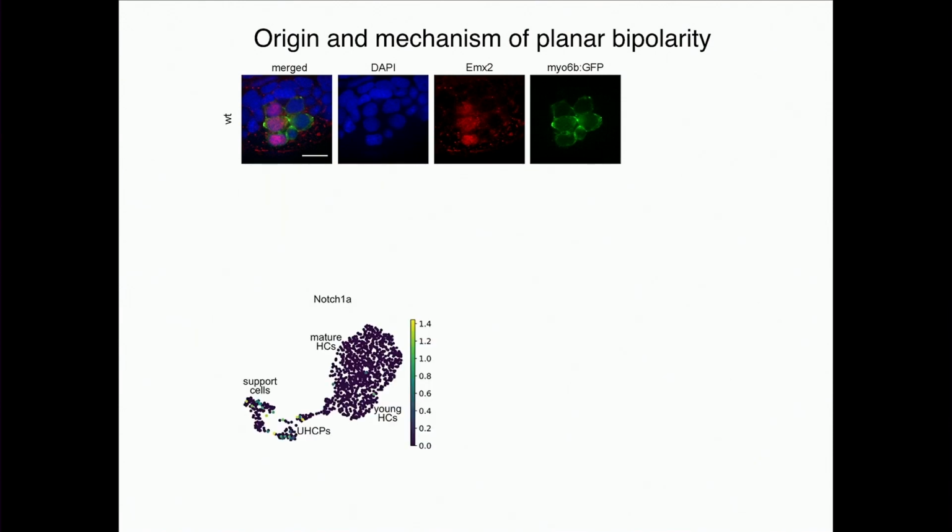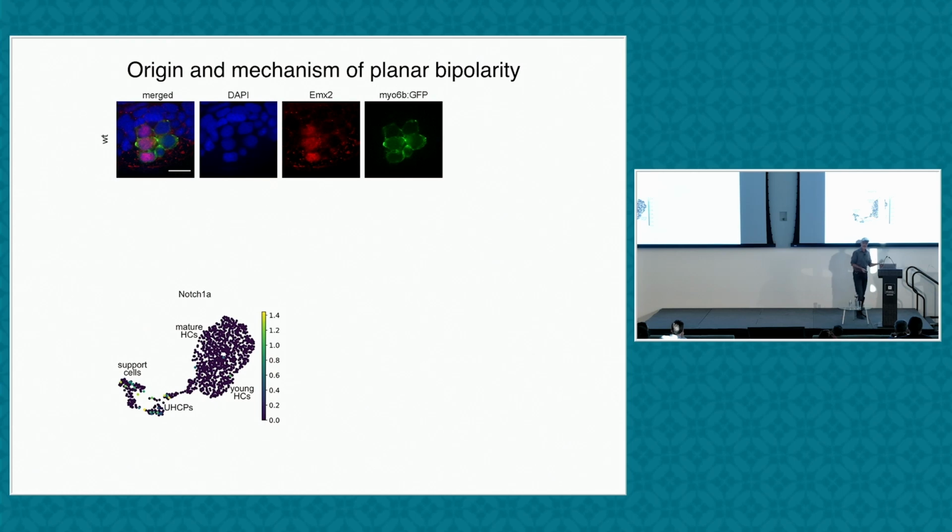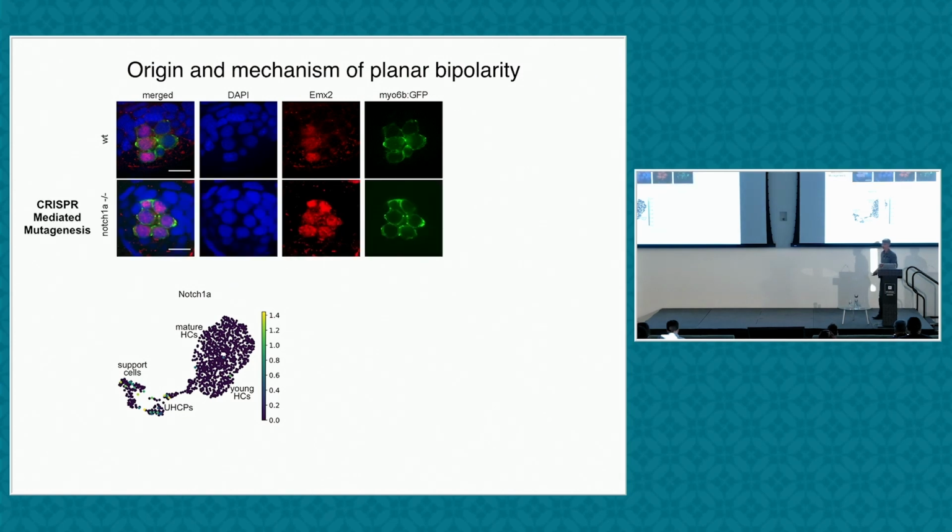Now, there was another candidate that we looked at, the receptor Notch, an intercellular communication receptor, and in particular Notch1A. We already had a suspicion that Notch signaling via Notch1A might be involved in this pattern of EMX2 expression. So we decided to mutate it.